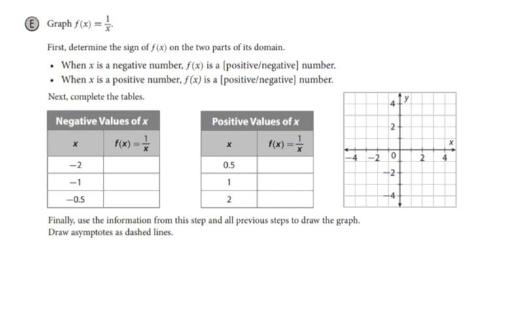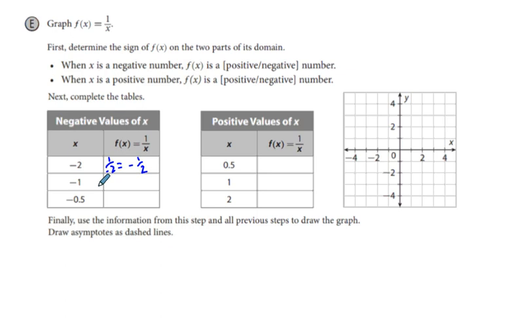And here we have some graph f(x) equals 1 over x. First determine the sign on 2 parts of its domain. Well, we're going to use the negative values first. Negative values of x. We have f(x) equals 1 over x. So we have 1 over negative 2 equals negative 1/2.